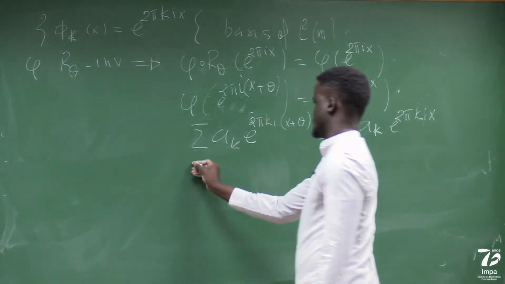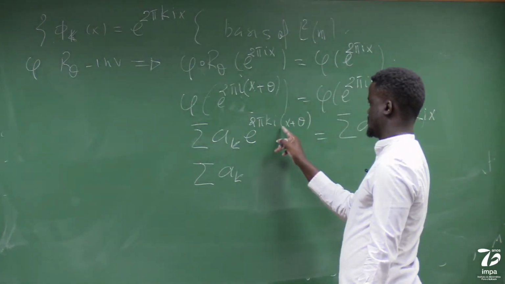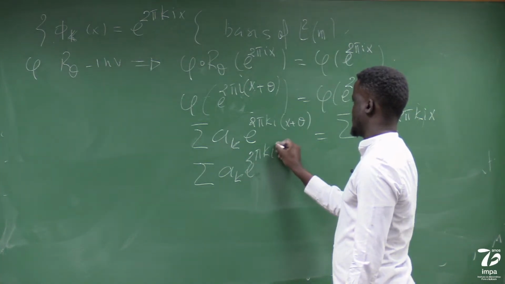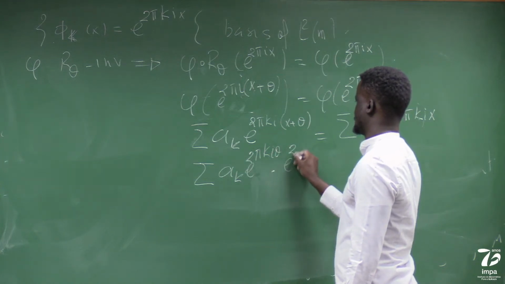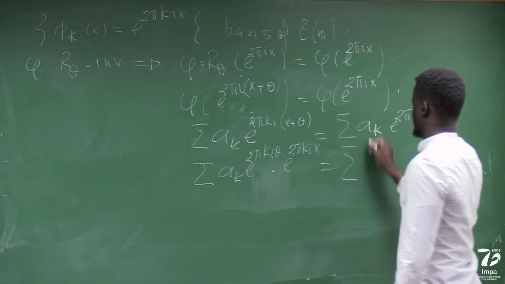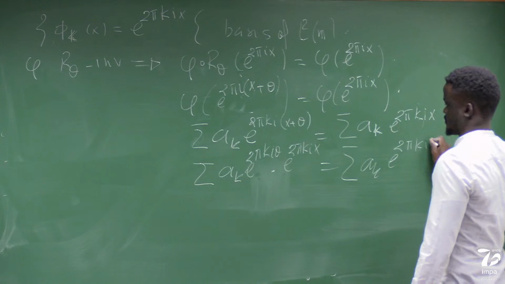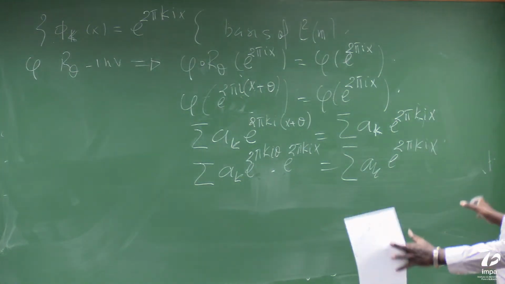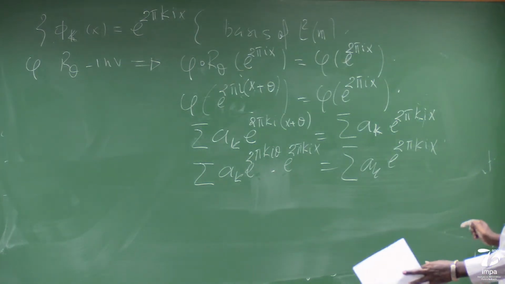And this, if you want to write it in terms of the basis, you can take out e^(2 pi i k theta) times e^(2 pi i k x). It's the same thing here. So you write two functions in this basis, so their coefficients should be the same, okay?